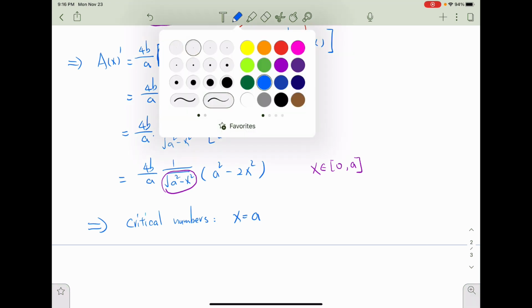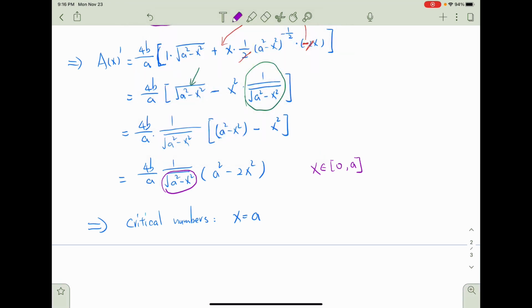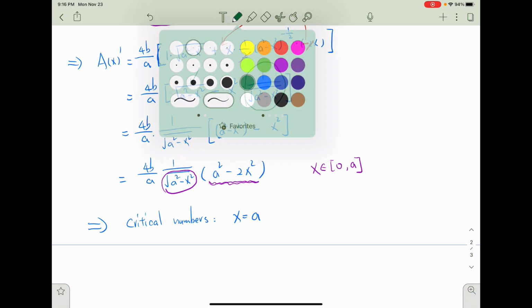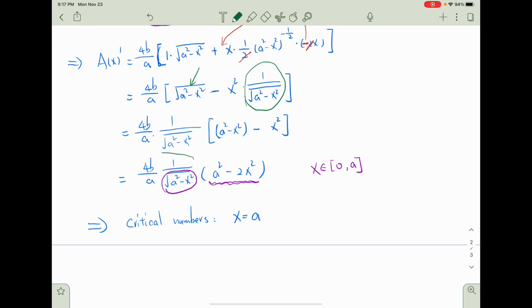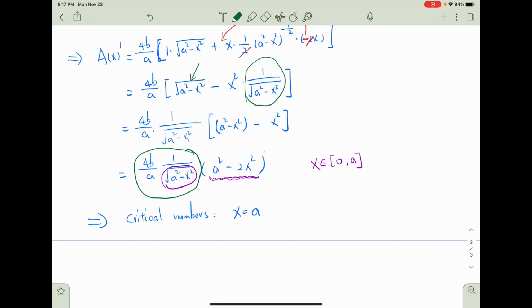And also we need to consider where the derivative is equal to 0, right? It's when this bracket is equal to 0, since the green stuff here, the green circle here, cannot be 0. So the only possibility for the derivative to be 0 is when that bracket is equal to 0. That means this guy equals 0.